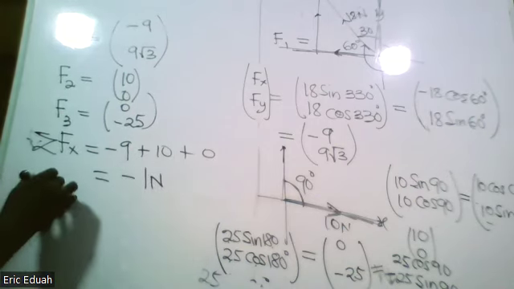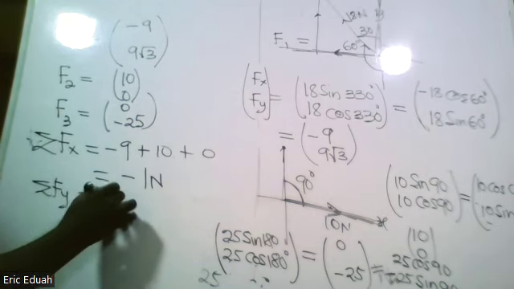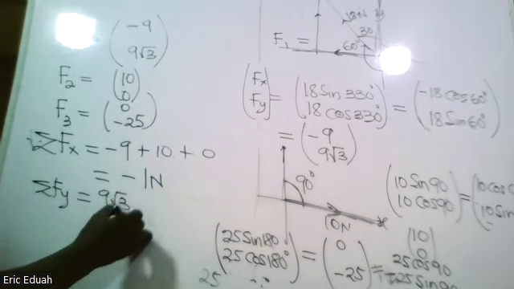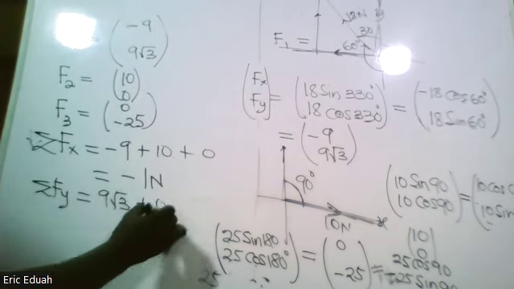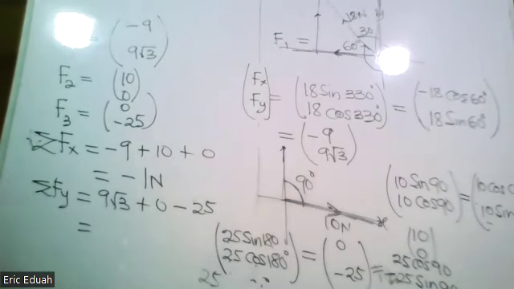Then summation Fy. We have 9 root of 3 plus 0 minus 25. What is 9 root 3? Give me the value of 9 root 3 in decimal.